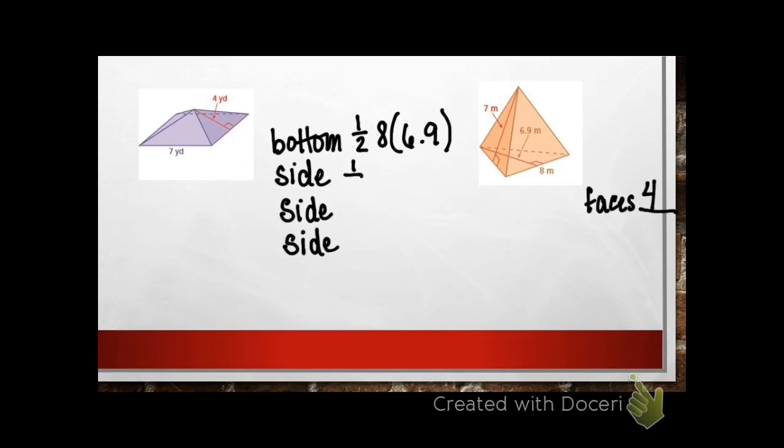We know it's going to be 1/2 of 8, and then it's going to be times 7. And we know that'll be carried down 3 times. All right, let's go ahead and get our numbers together. 1/2 of 8 is 4. 4 times 6.9. Take a minute and figure that out.